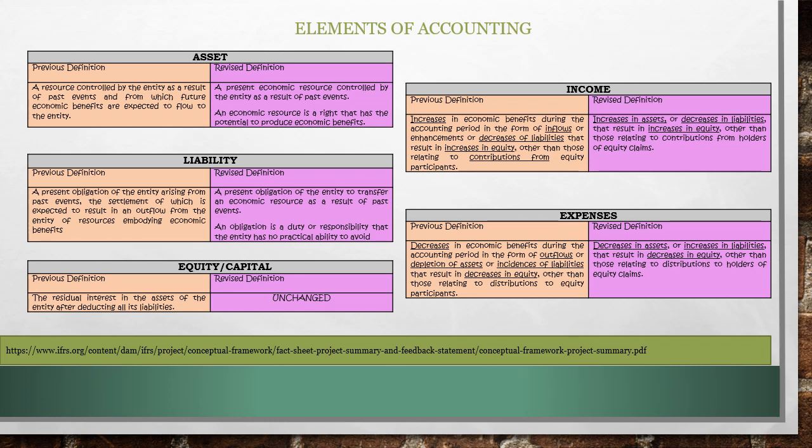Okay, but for the revised definition, income: increases in assets or decreases in liabilities that result in increases in equity, other than those relating to contributions from holders of equity claims.